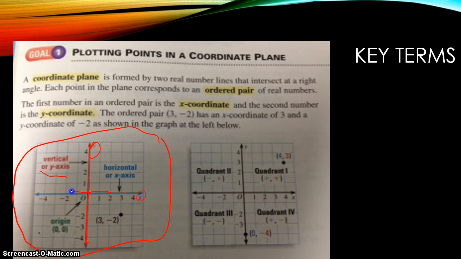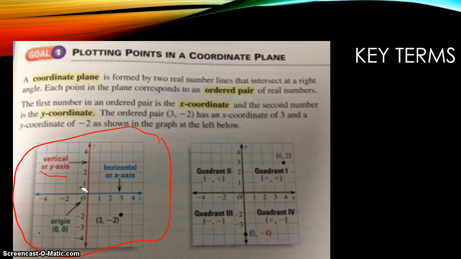Very important here is that this point, dead center in the middle, is your origin, 0, 0. That is where the y-axis and the x-axis intersect each other.